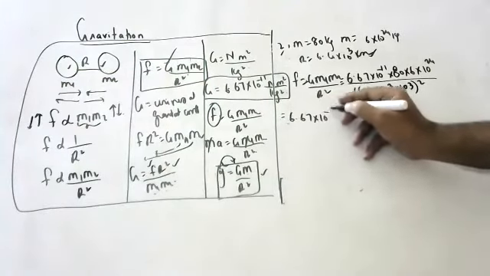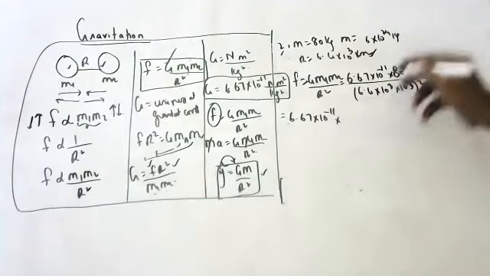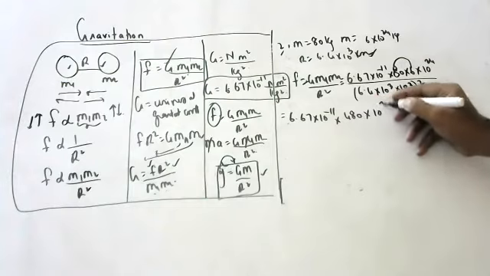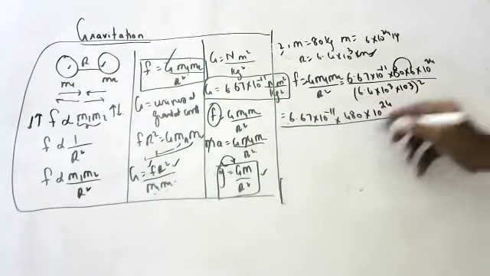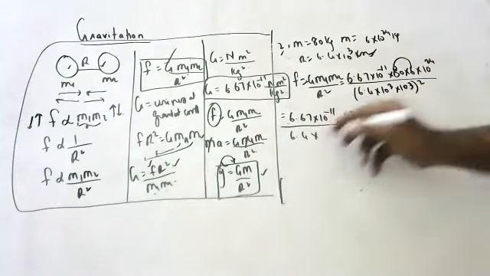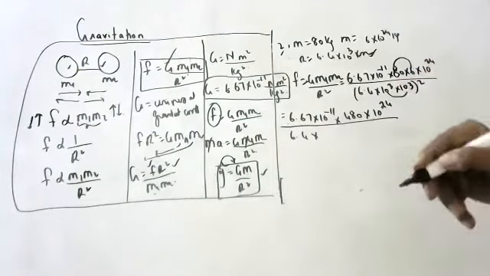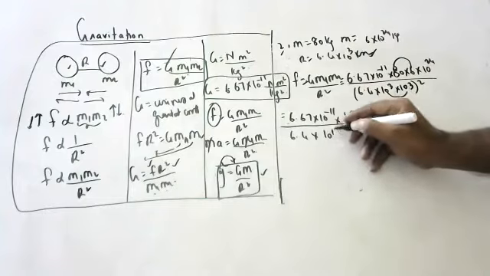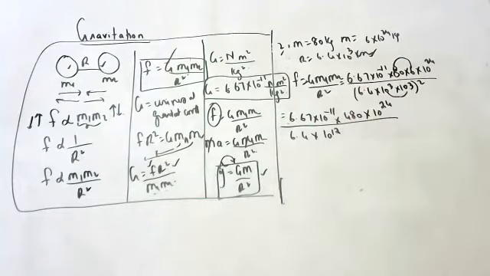6.67 into 10 to the power of minus 11 into 480 into 10 to the power of 23 by 6.4 into 10 to the power of 3, 10 to the power of 3 is 10 to the power of 6, 10 to the power of 6 into 2, 10 to the power of 12. Okay, children.